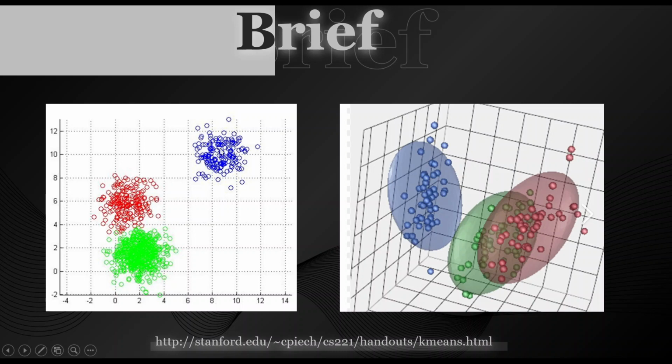Actually here K is set to 3, and after running we have 3 groups: green, red and blue. And here also we can see, in a three-dimensional space, that we easily reach 3 groups of data.